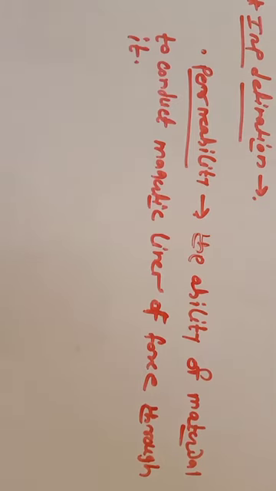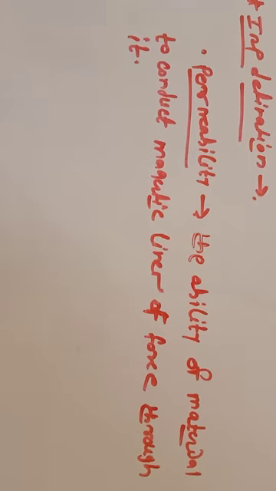In a diamagnetic material, the magnetic lines of force cannot pass, but in a paramagnetic material there are unpaired electrons, so magnetic lines of force pass easily.